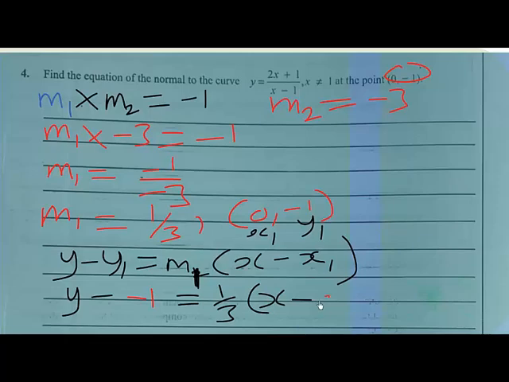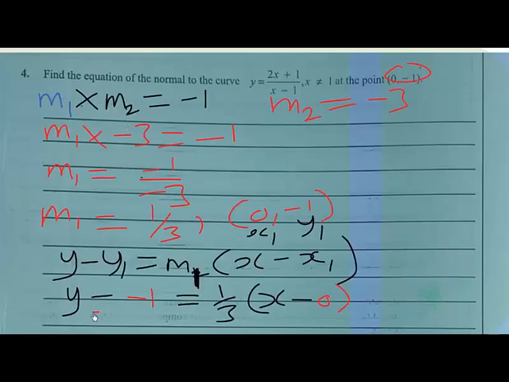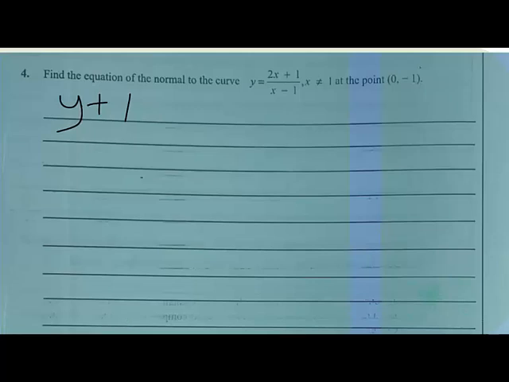x1, which is 0. So we expand this, we get y plus 1, because negative becomes positive. So y plus 1 is equal to 1/3x. Or when we multiply through by 3, we get 3y plus 3 is equal to x.